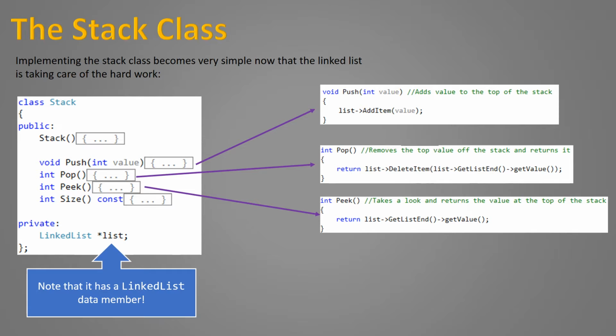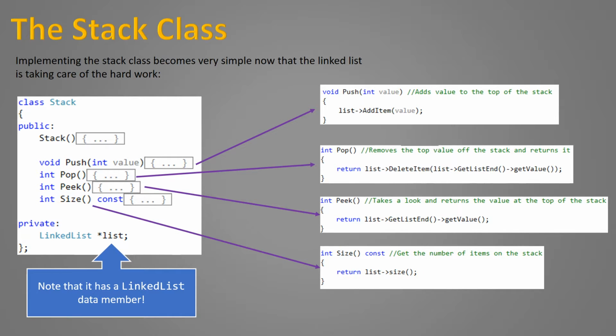It merely takes a look at what's at the top. And this is pretty simple. We simply call the getListEnd member function, and then call the getValue member function on the returned pointer to take a look at the end node's value. And remember that the end node's value is the top of the stack. The size member function is even simpler. We simply call the size member function from the linked list class and return it.